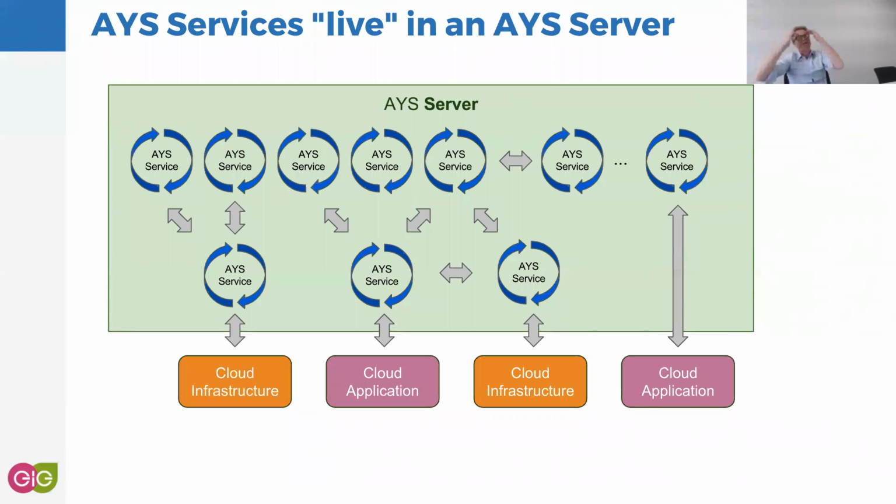Think of it, if you would create an installation package for an application, as part of the installation code, the code that is actually being executed when the installation takes place, it's very possible that you spin off an AYS service on another AYS server just to monitor the monitor. See what I try to explain? So that's the concept that we make possible through AYS. Does this answer your question? Because I talk too much, I think.